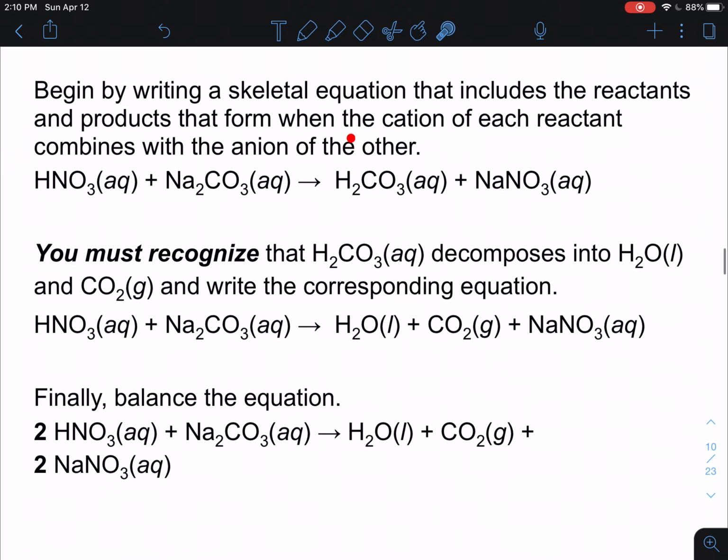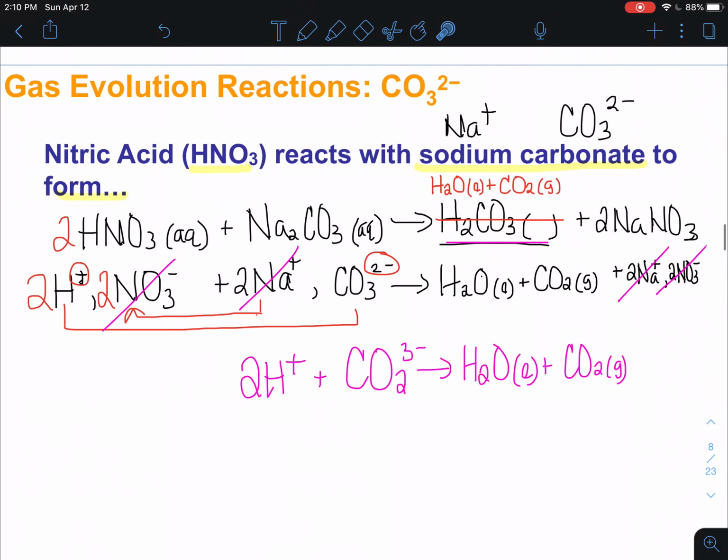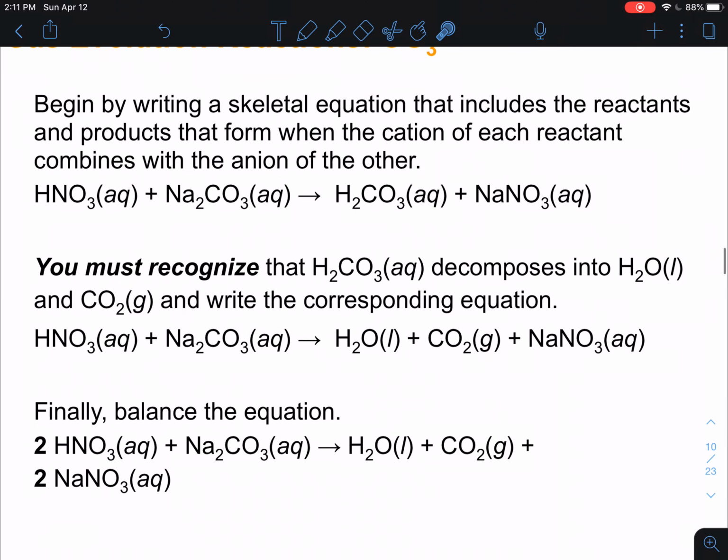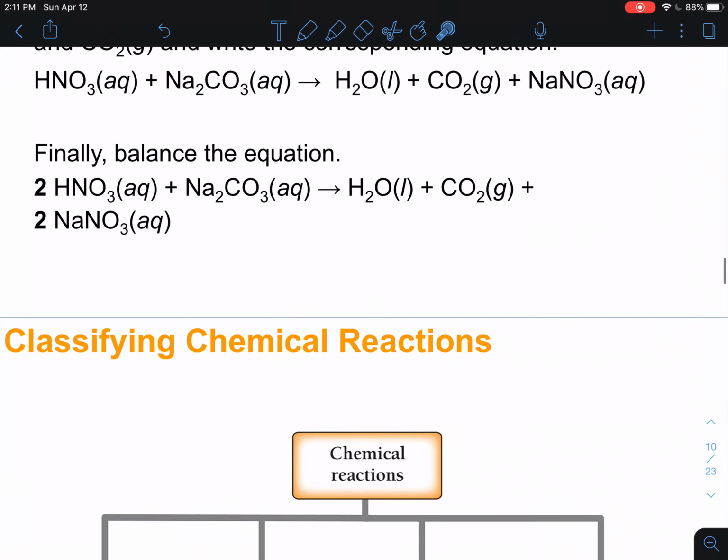It's always nice for me to write out the reaction part of the skeleton equation first, then jump down to the reaction portion of the total ionic, and that is where you balance. If you balance this, you're going to balance this, and then anything that you put over here will automatically be balanced. So I like to do it that way. But like I said, the book does it a little bit different.